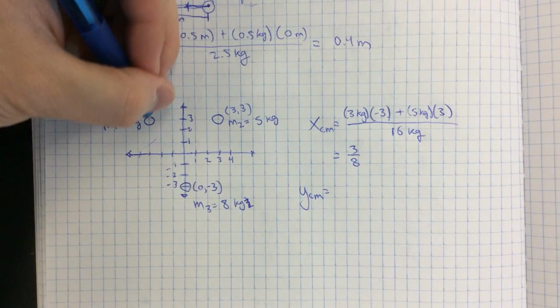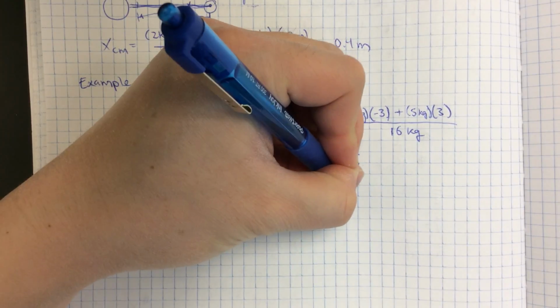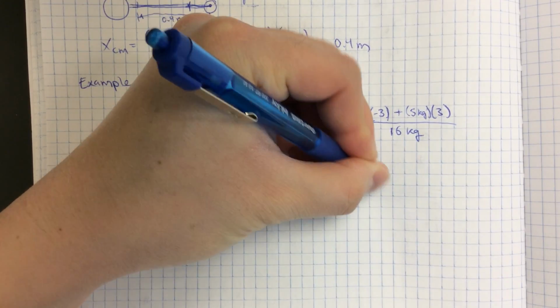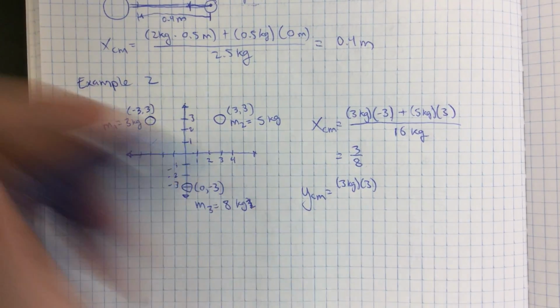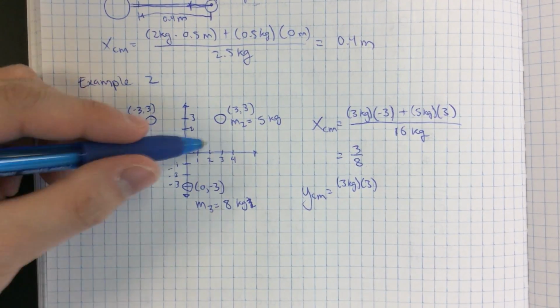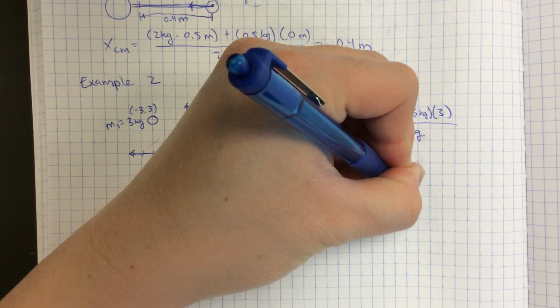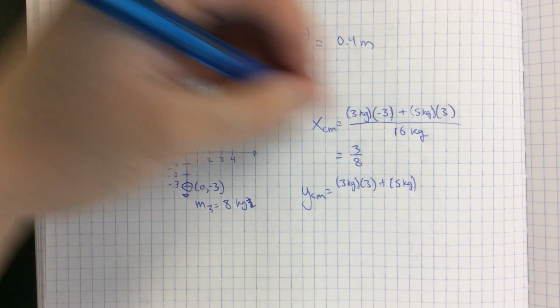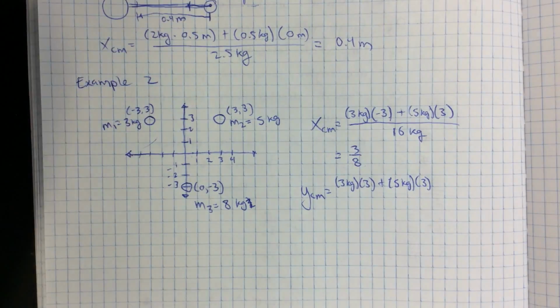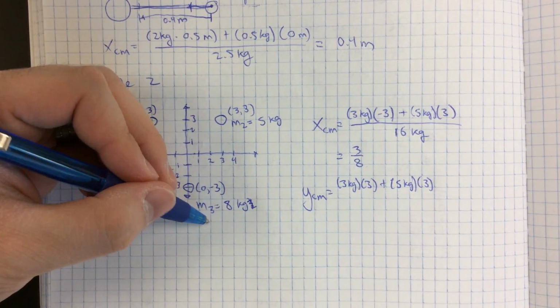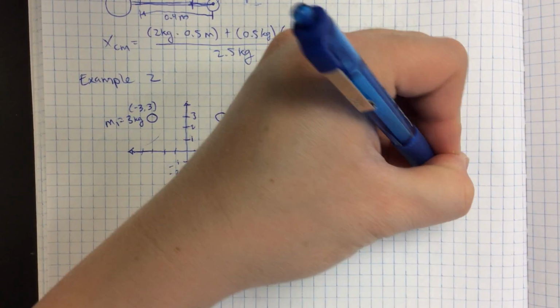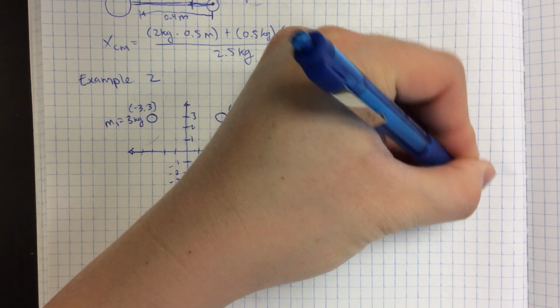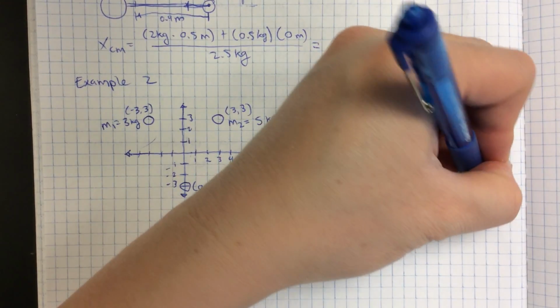So we'll do a similar thing. The first one, 3 kilograms times 3. Now it's a positive 3 because we're looking at the up and down. Plus 5 kilograms times 3 again, looking at the up and down. And then plus 8 kilograms times negative 3.